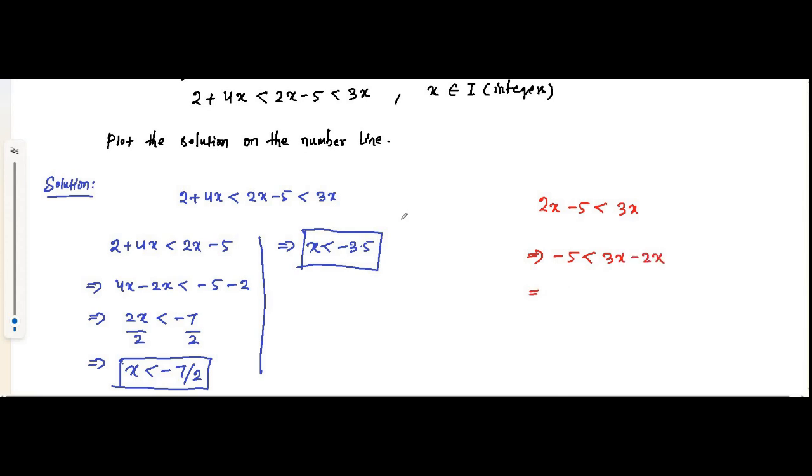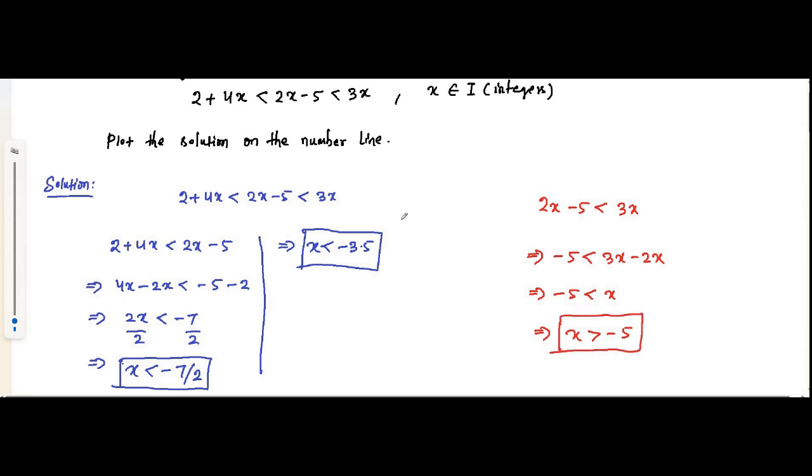That implies minus 5 is lesser than x, or we can write it as x is greater than minus 5. Same thing: if something is lesser than something, the other thing is greater than that. So x is greater than minus 5. This is the second part of the solution.